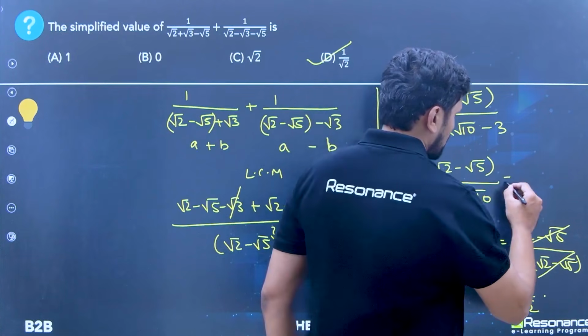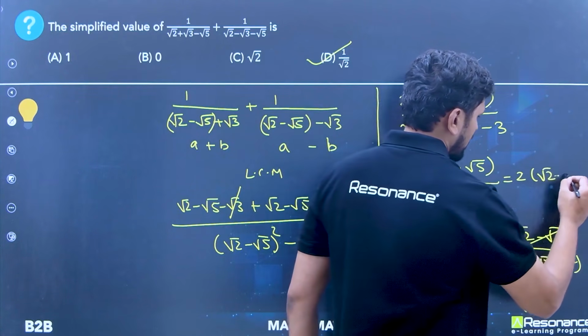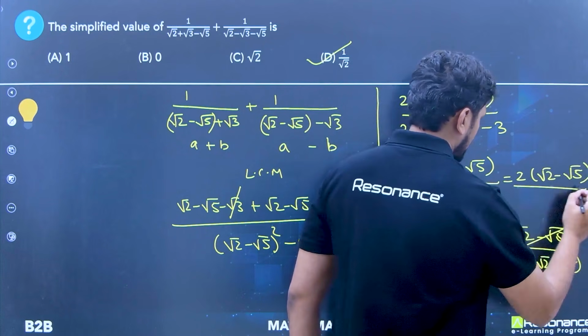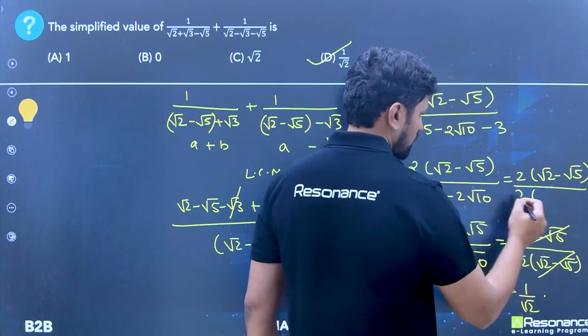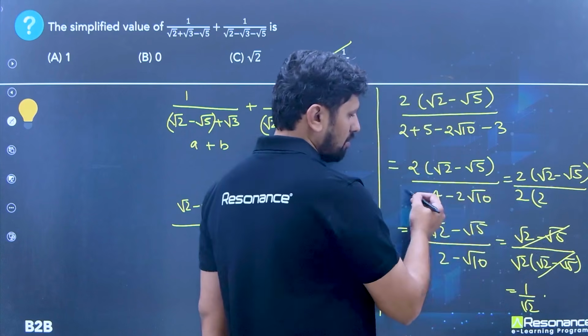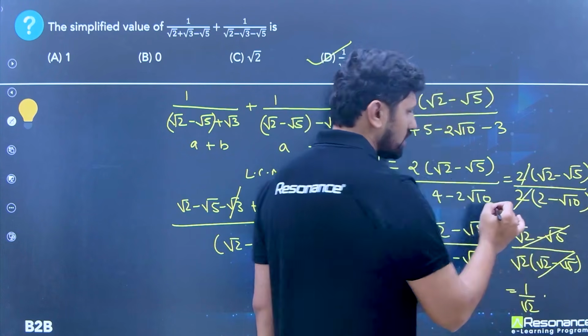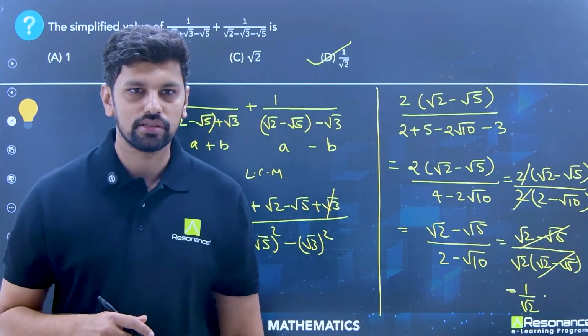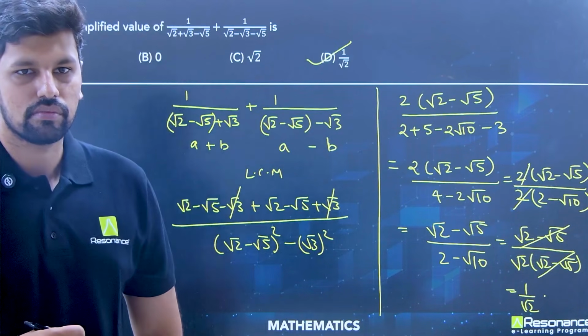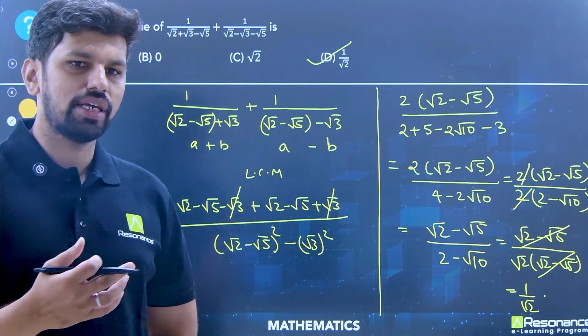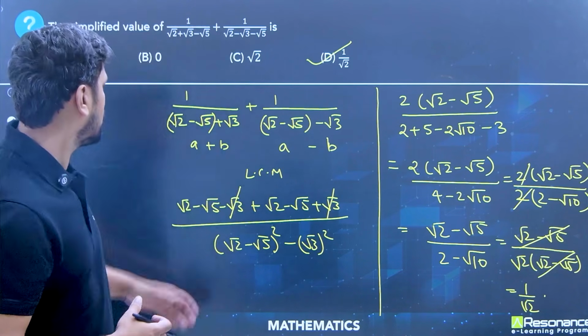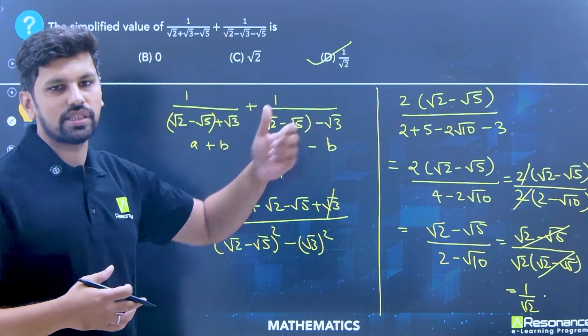If we will take 2 common here also, it will become root 2 minus root 5. If I take 2 common in denominator, we have taken 2 common from 4. So it will become 2 minus root 10. So these 2 and this 2 will get cancelled. Yes, we can do it by rationalizing the denominator, but we have to do 2 times of rationalization.